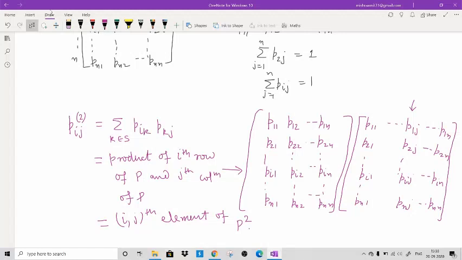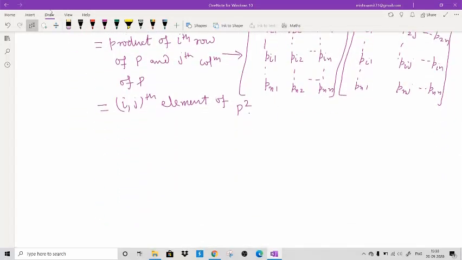This gives you a very important thing. That means if you want the two-step transition probabilities in a time homogeneous Markov chain, just find P square and find the ijth element of that. So if I want to find Pij in two steps, this will be nothing but the ijth element of P square.